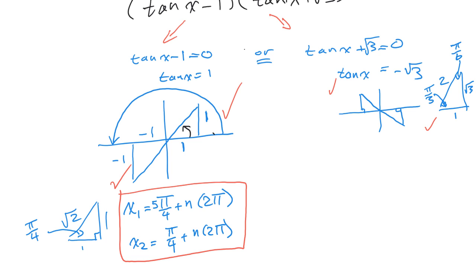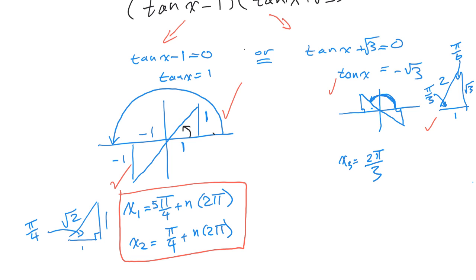So now all we have to do is solve to get from here to here. Inside this little triangle here is going to be pi/3. Now, let me just show you why that is on the triangle. You know that tangent is opposite over adjacent.